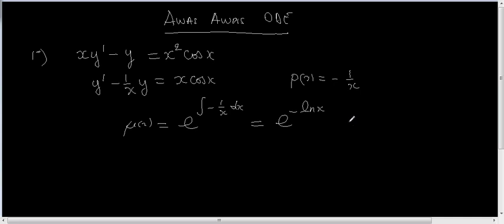Sometimes we tend to see this as minus x, and that is the oops here. Rather, we have to write it as exponential of ln x to the power negative 1, which is x to the power negative 1. So this is one oops.